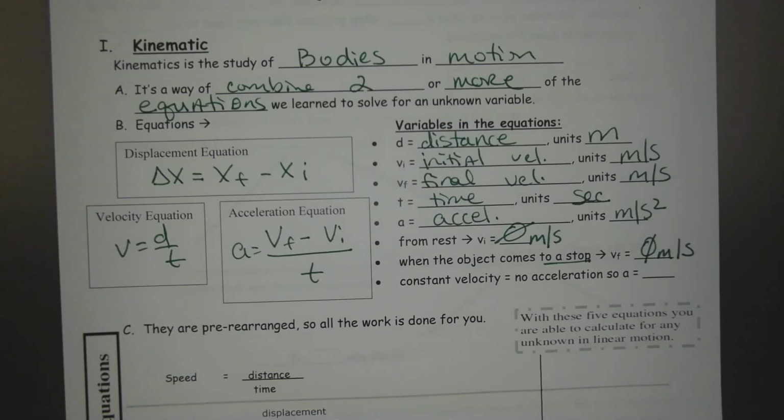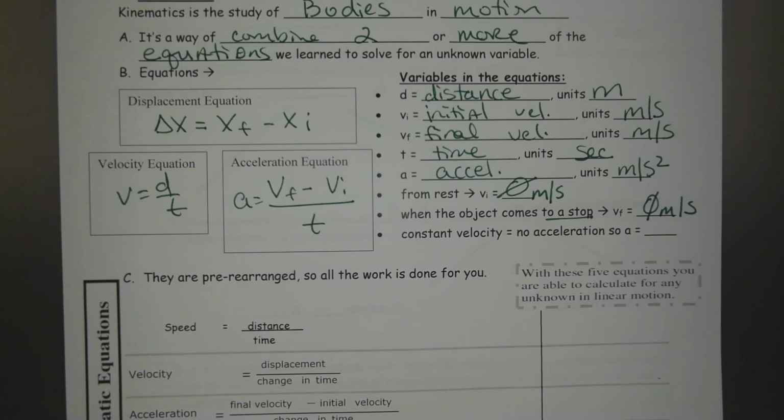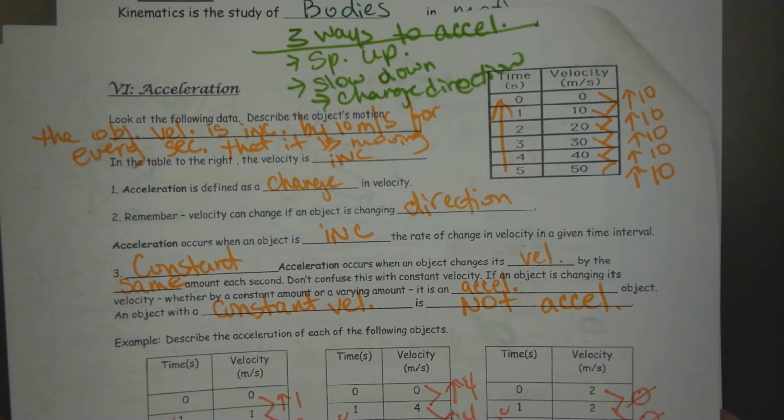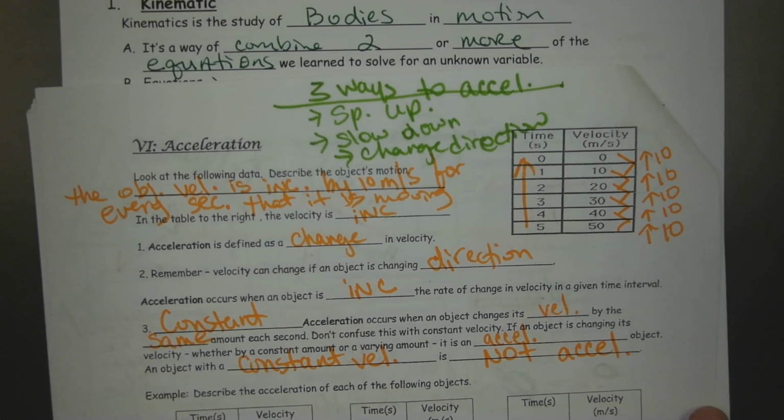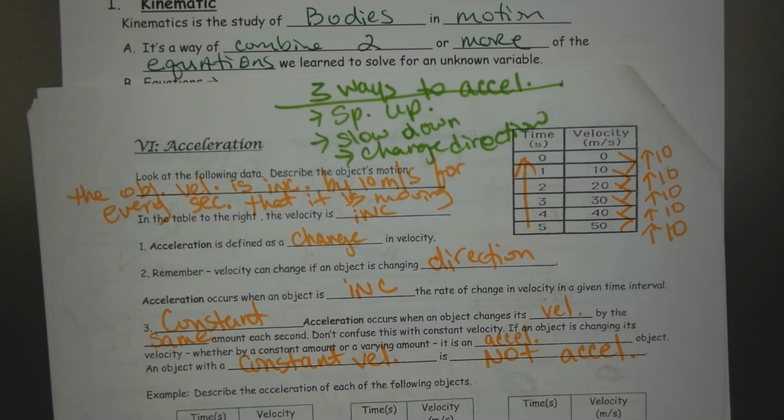But wait a minute, how about this one? Let's see who's smart enough to get this one. Constant velocity. In our notes, we said that acceleration, or constant acceleration, occurs when an object changes its velocity by the same amount for each second.